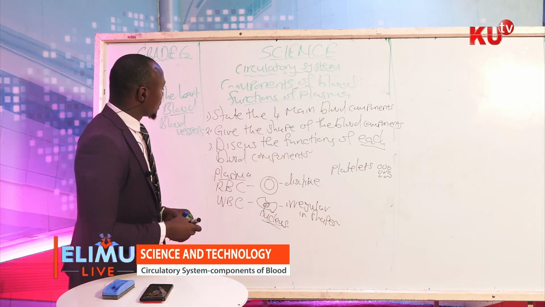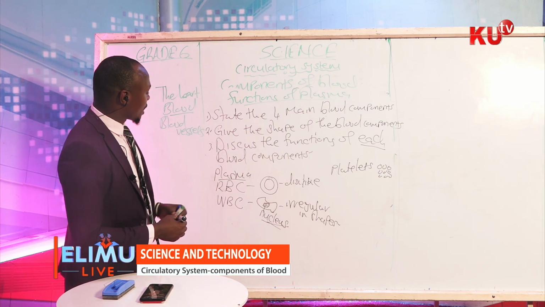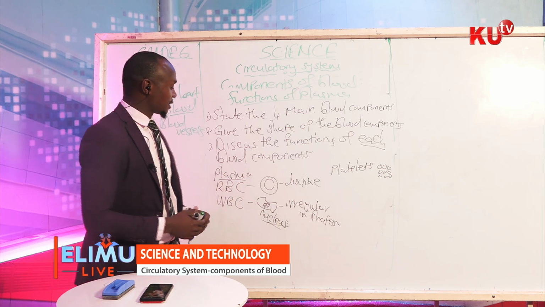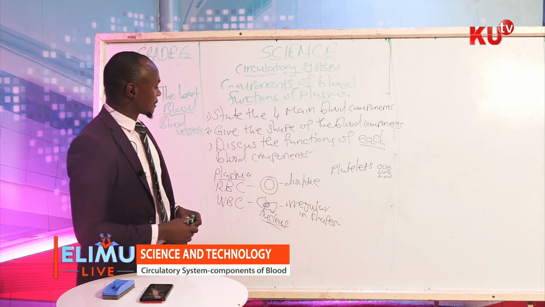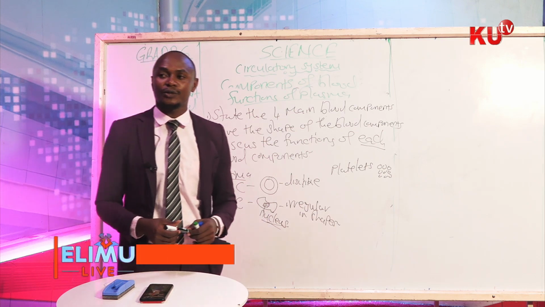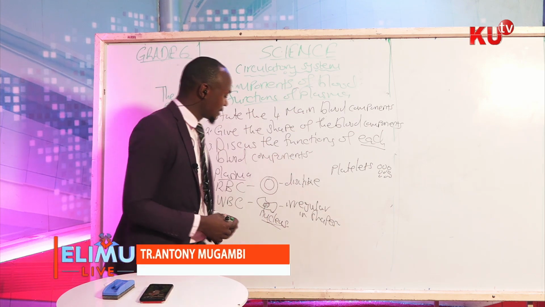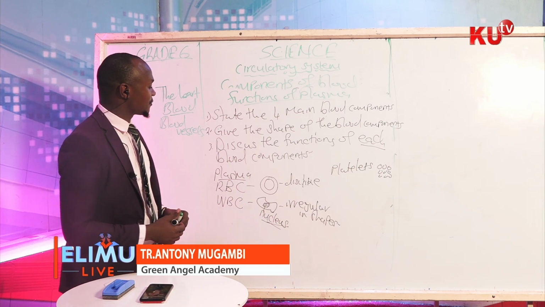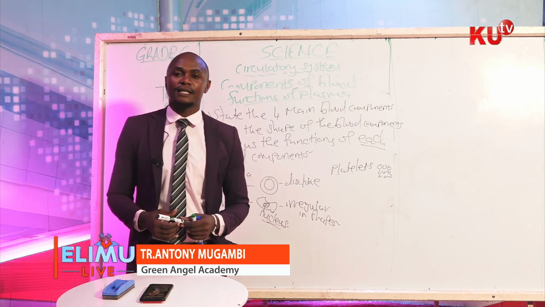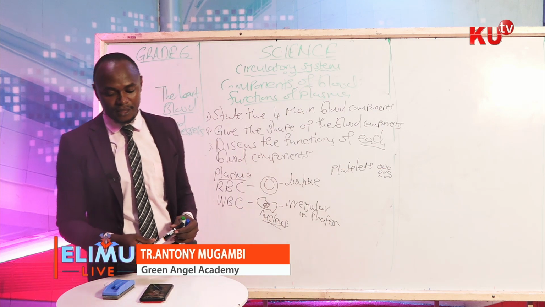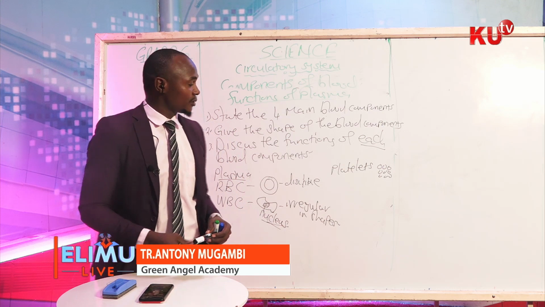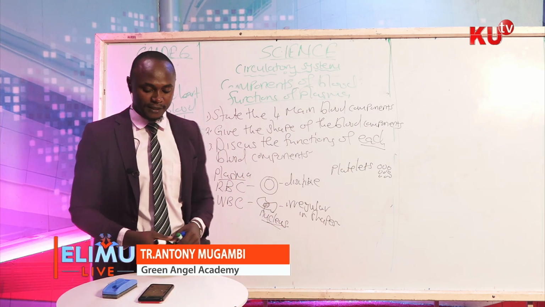Therefore, in that simple mnemonic, we are able to remember the functions of plasma, that is transporting carbon dioxide, which is one of the waste products. We have also transporting of digested food, where we say that digested food is transported from the ileum, where the absorption of digested food takes place.